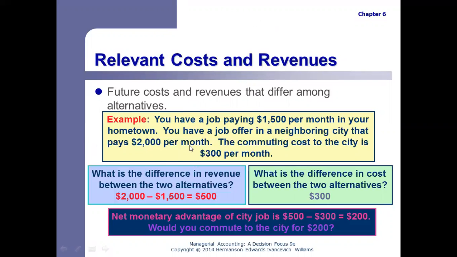So no sense putting that into the analysis if it's exactly the same for both options. Again, we're looking only at the differences. Things that don't change are not relevant to the decision, and those are left out.